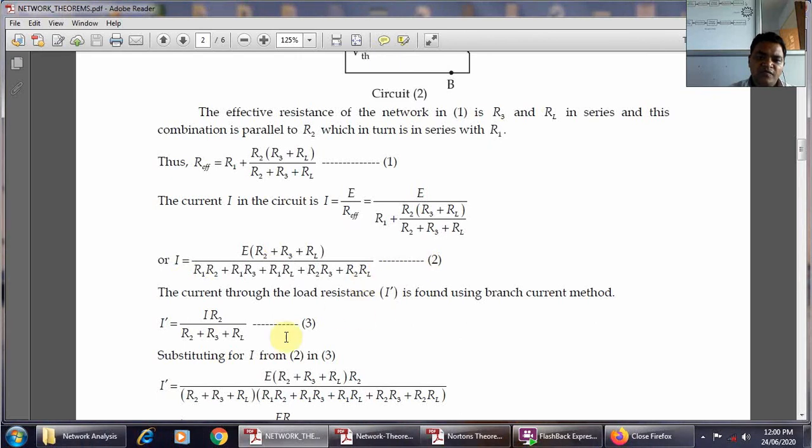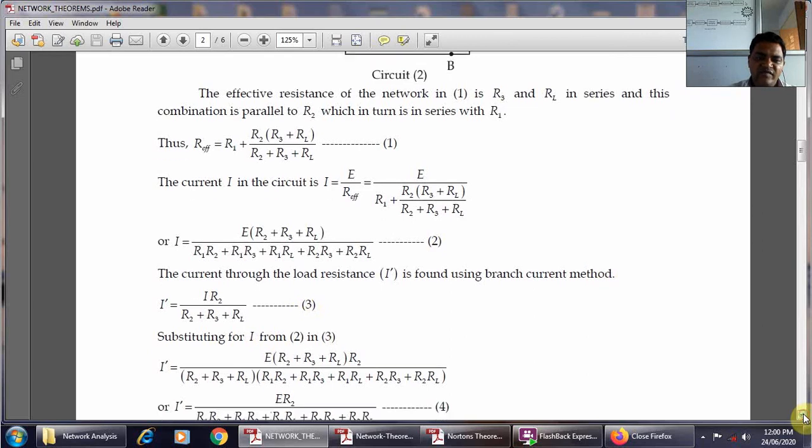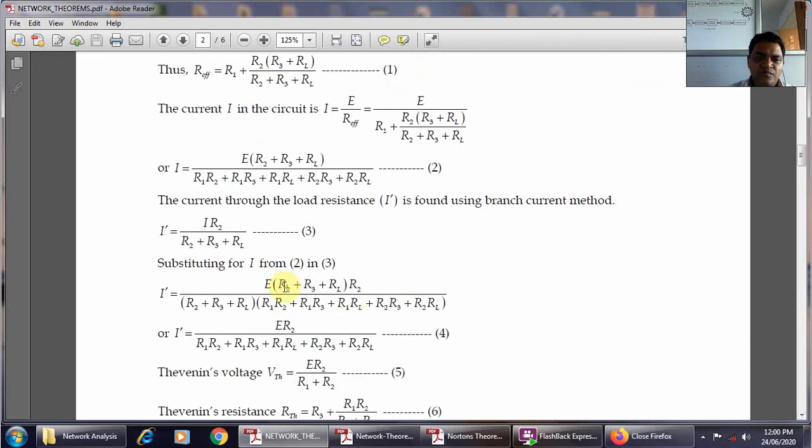Therefore substituting the value of I from equation number 2 into equation 3, I dash is equal to E into R2 plus R3 plus RL into R2, upon R2 plus R3 plus RL into R1 R2 plus R1 R3 plus R1 RL plus R2 R3 plus R2 RL.